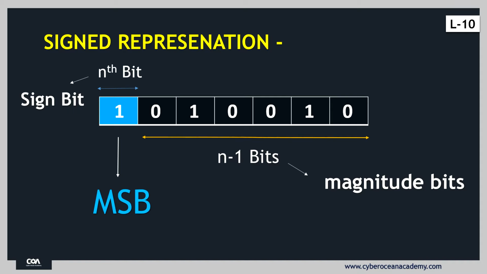Depending on the value 0 or 1, it gives you a positive or negative sign. So this is your MSB, that is the sign bit.